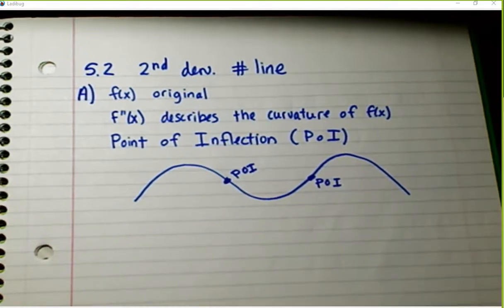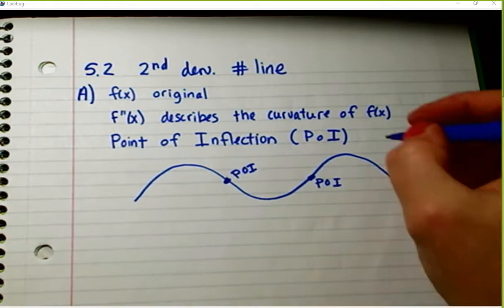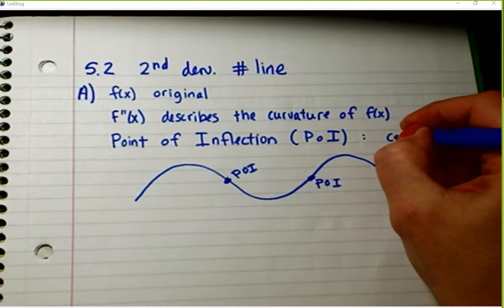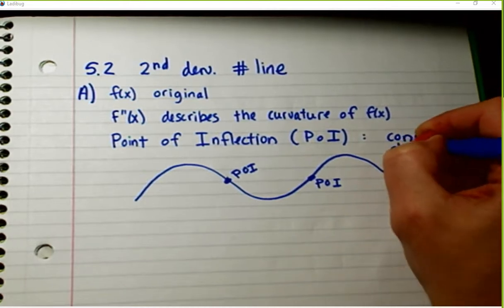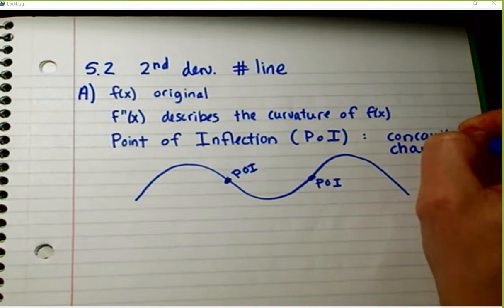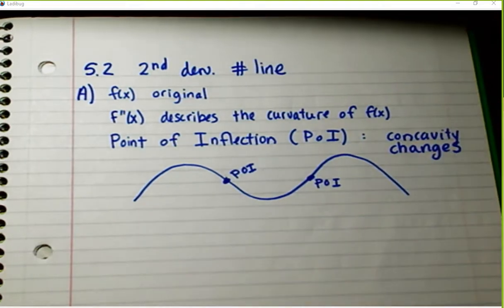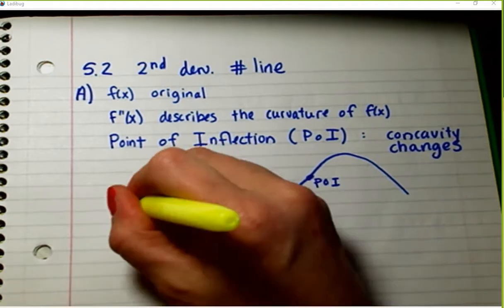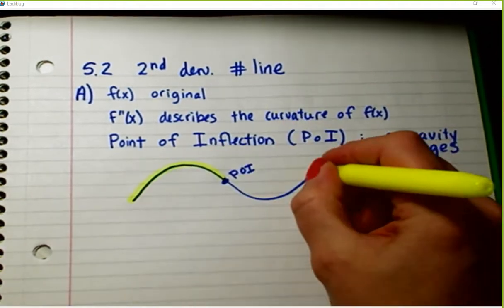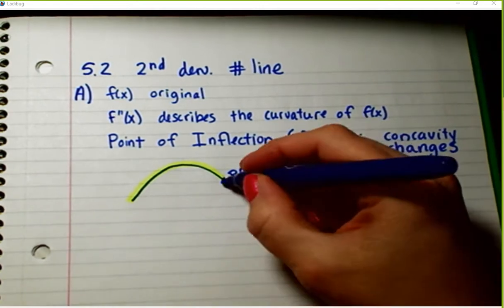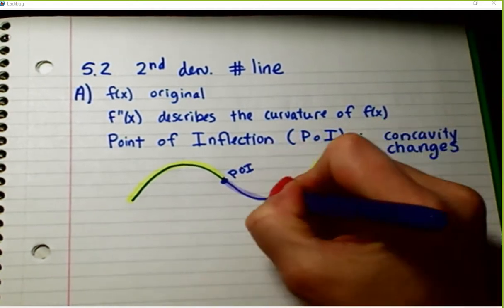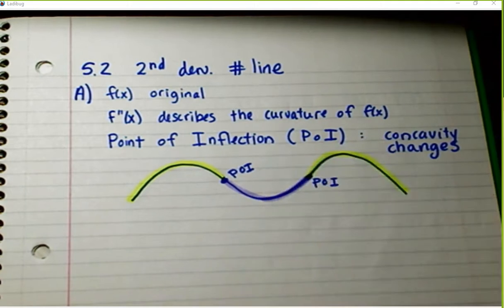It's where the concavity changes. Okay, so I'm just going to highlight the concave down and the concave up. So similar to that picture we had last class, I just put an extra curve on it.